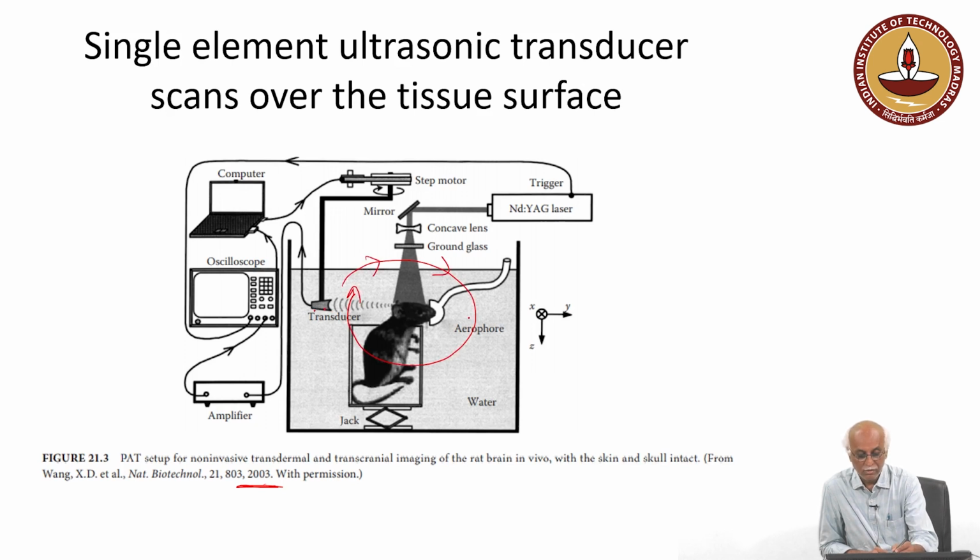With each single pulse you obtain a single photoacoustic signal, and then rotate to capture the whole imaging part at that particular height, and then you can vary the height, so as to allow even, to some extent, the depth information. So, this is one idea, based on a single element ultrasonic transducer rotated all around.